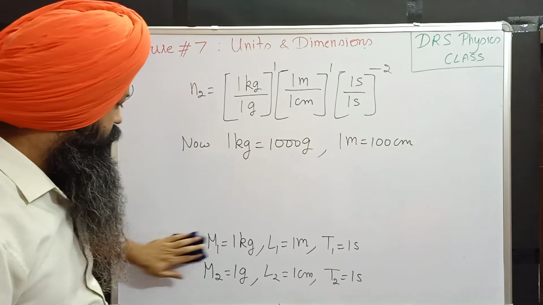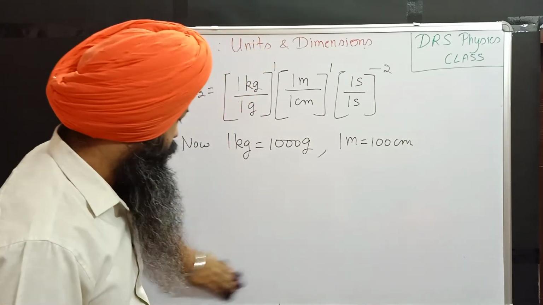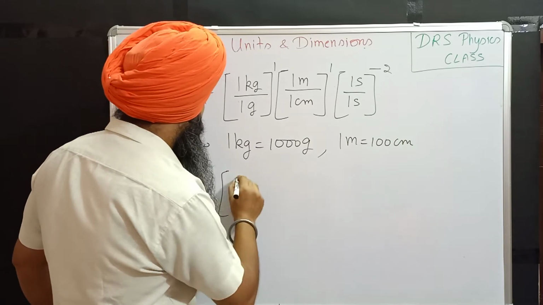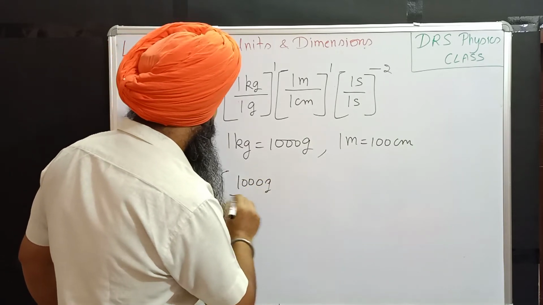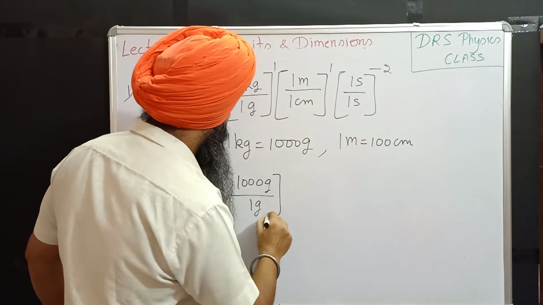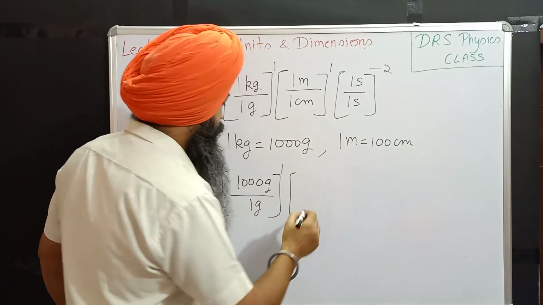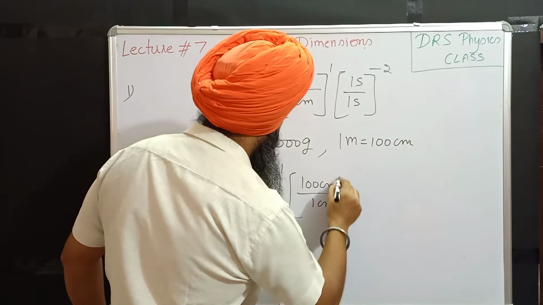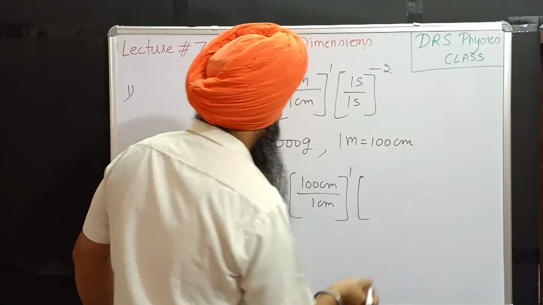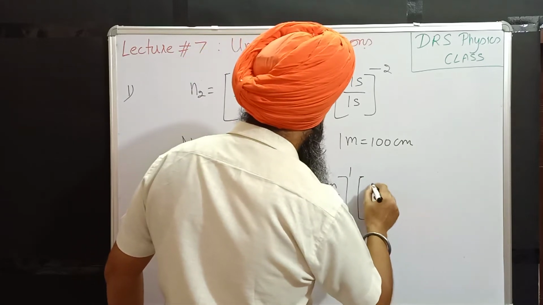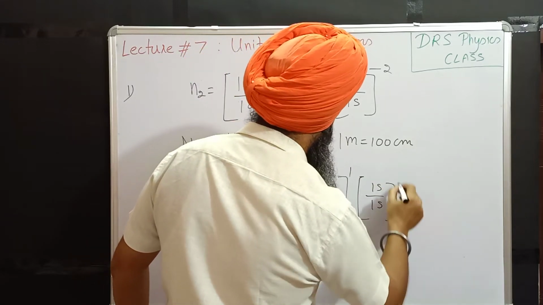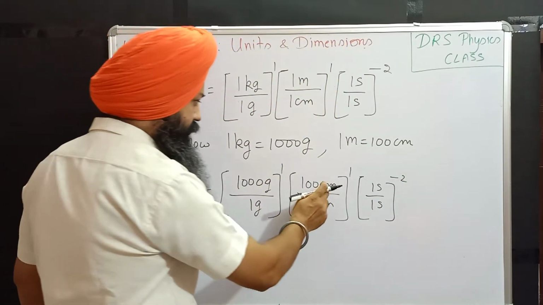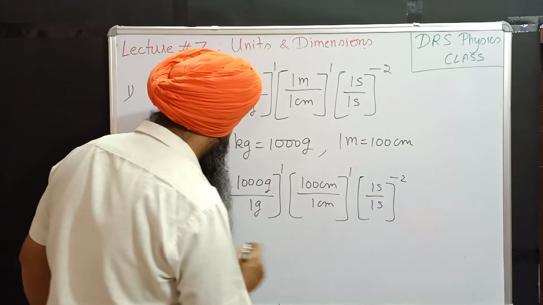On filling these values, N2 is equal to 1000 gram upon 1 gram whole power 1, 100 centimeter upon 1 centimeter whole power 1, and 1 second upon 1 second. Here gram and gram get cancelled, centimeter and centimeter, second and second.